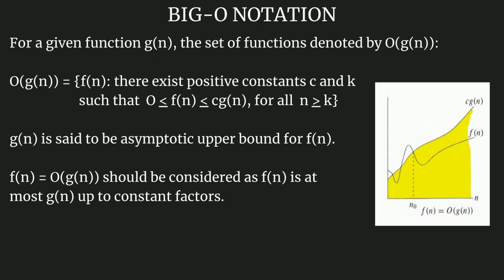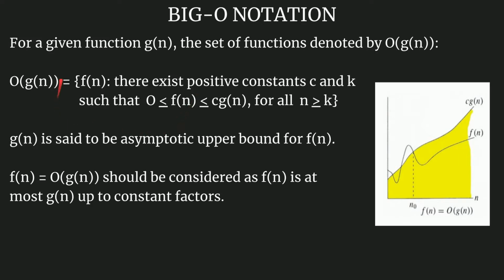For a given function g of n, the set of functions denoted by big O of g of n can be defined as: big O of g of n is equal to f of n, such that there exist positive constants c and k, such that 0 is less than or equal to f of n, less than or equal to c into g of n, for all n having values greater than or equal to k.